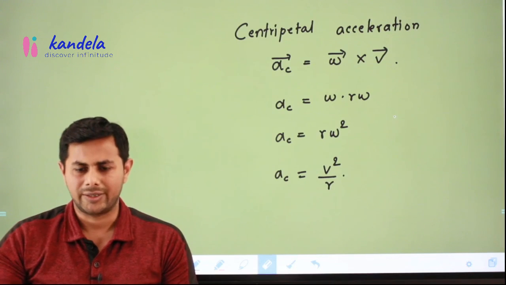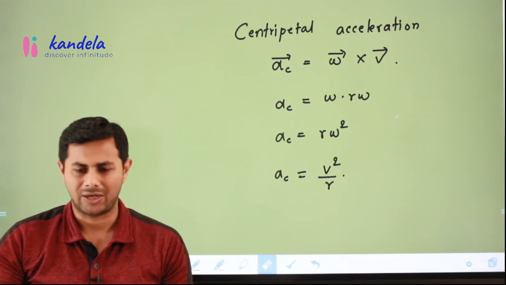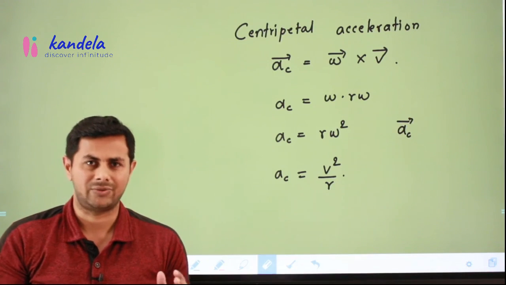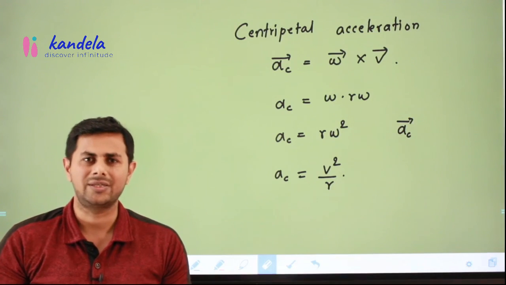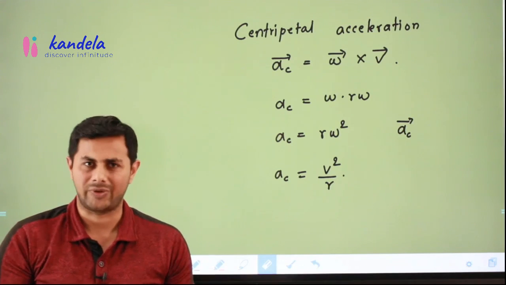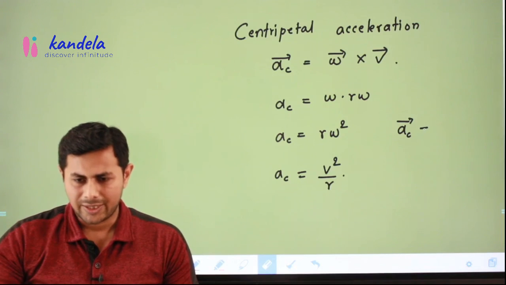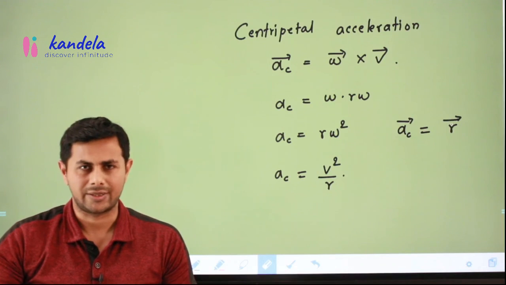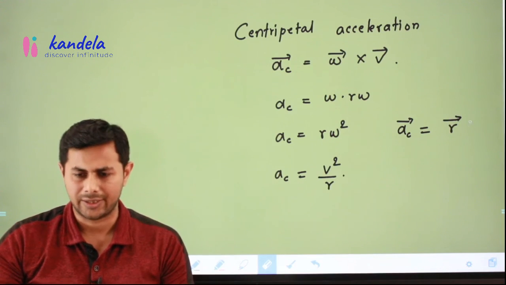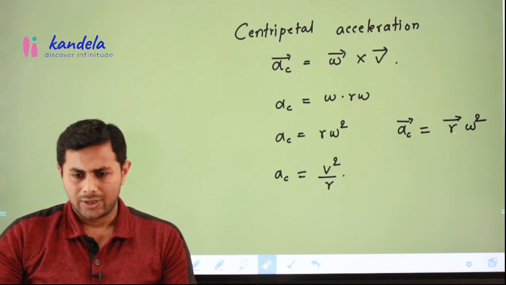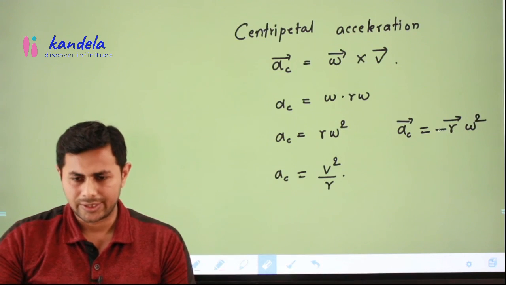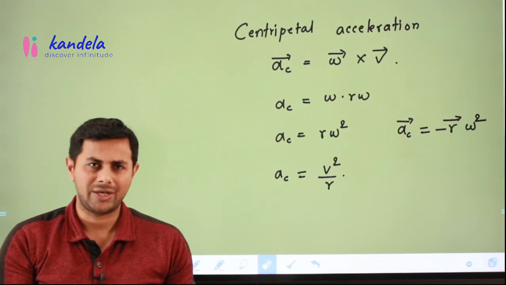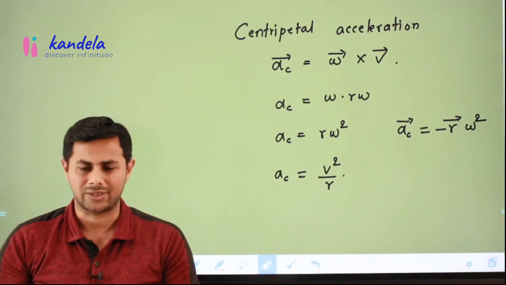So if we want to write it down in vector form, how will it look like? Centripetal acceleration, its direction is along the radius and towards the center of circle. That means it is directed opposite to that of radius vector. So AC bar, if we pick up this relation and consider r as a vector, r bar, I have to put a negative sign, because the direction of centripetal acceleration and the radius vector are opposite to each other.